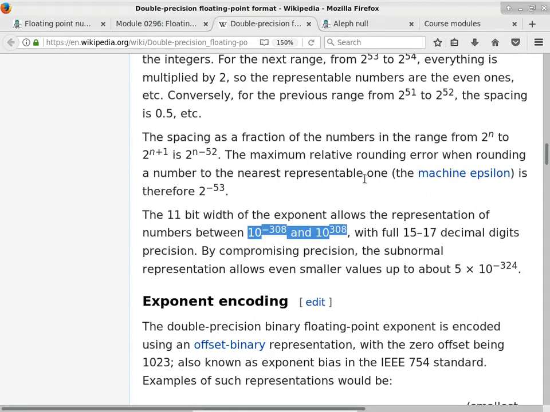Basically, when you look at base 10, we are talking about as fine as 10 to the power of minus 308, and as large as 10 to the power of 308. That's the range going from high precision all the way down to 10 to the power of negative 308, and also huge numbers, all the way up to 10 to the power of 308. Do we have any questions about this part?